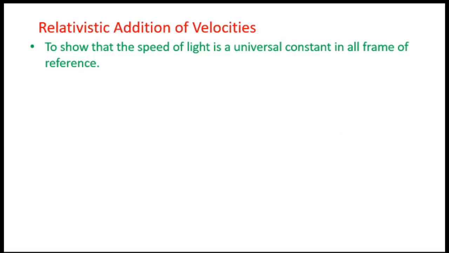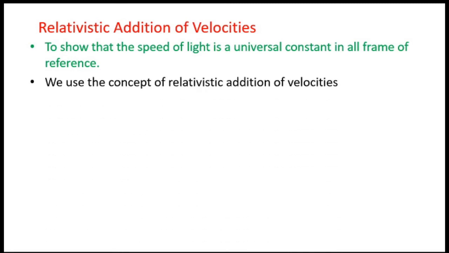So, by making use of relativistic addition of velocities, let us try to show that speed of light is a universal constant in all frames of reference. Remember that it was one of the postulates of special theory of relativity, that speed of light is a universal constant. It has a constant value in all the directions, in all the frames of reference.